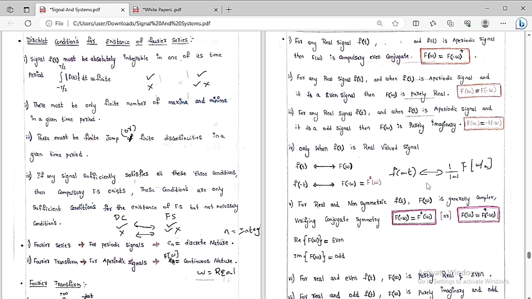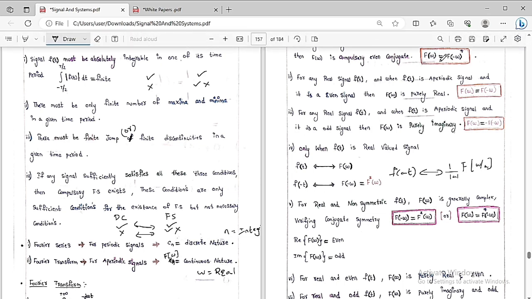Here a is equal to minus 1, so 1 by mod of minus 1 is equal to 1. So f of minus t has Fourier transform f of minus omega, and f of minus omega is nothing but f conjugate of omega. So we are conjugating both sides, and we get f of minus omega is nothing but f conjugate of omega.